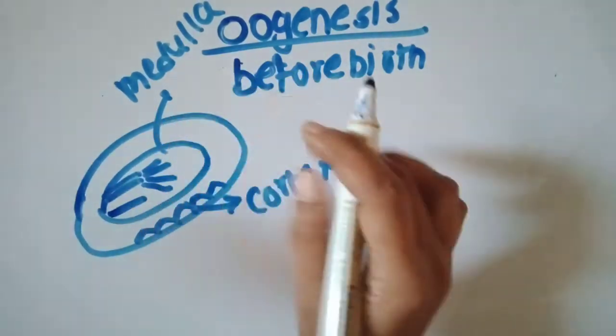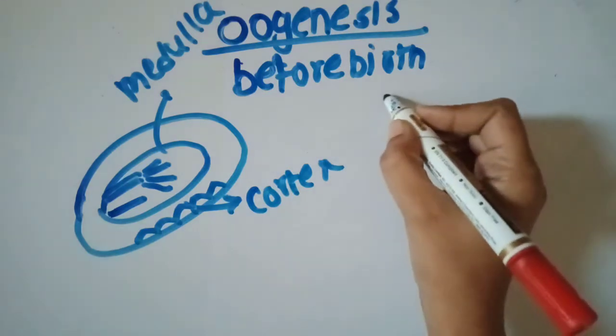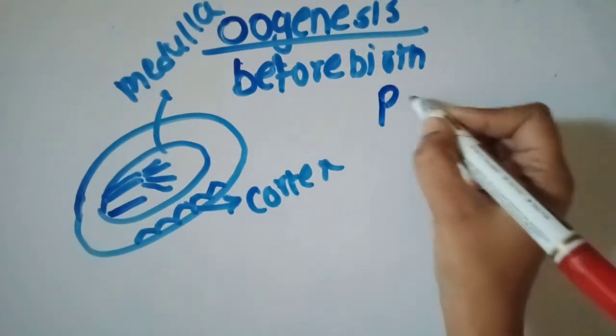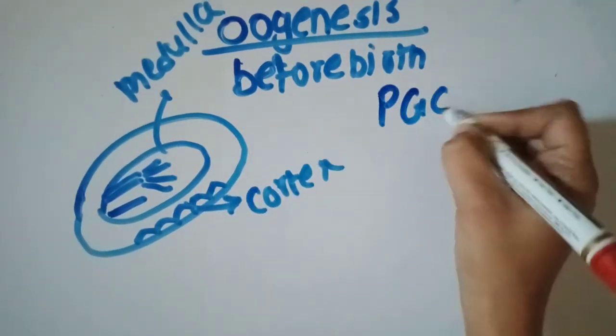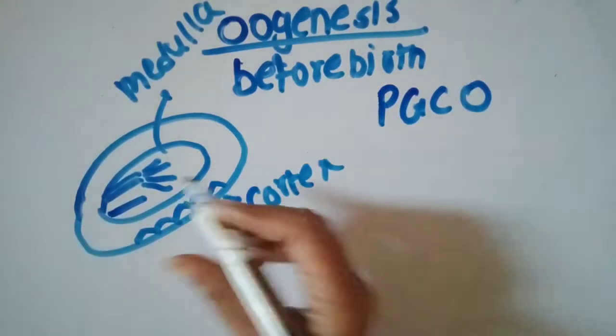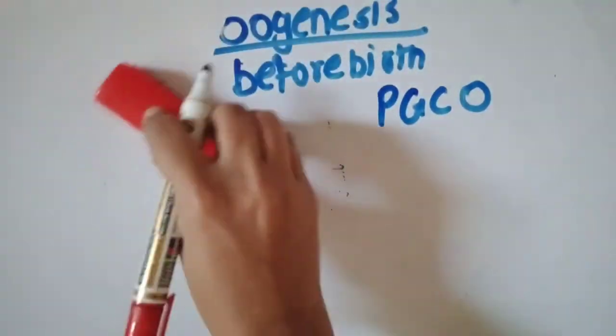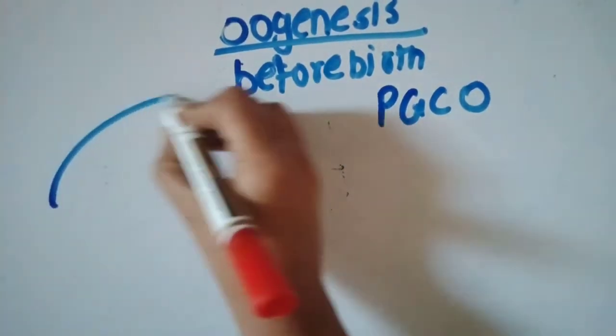Okay, so here is your cortex. There is a germinal epithelium, whose cells are called primary germ cells. The primary germ cells undergo division. Okay, so I'll draw another diagram. The same ovary.